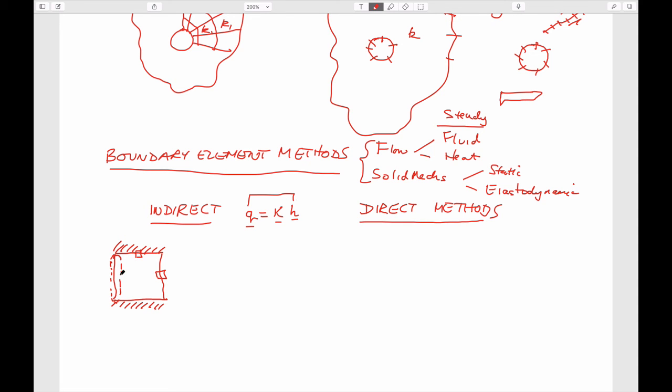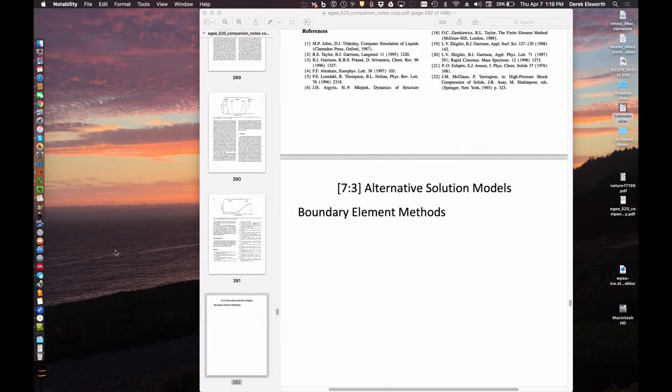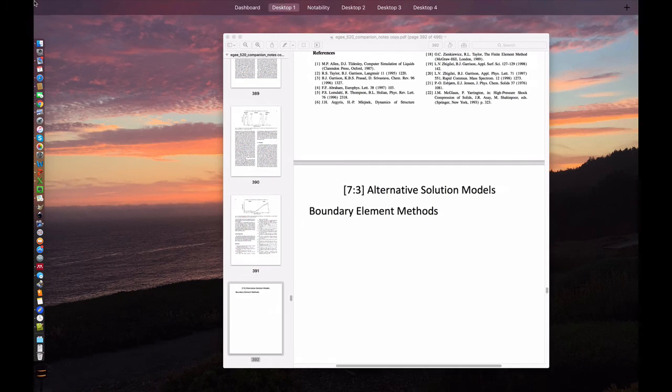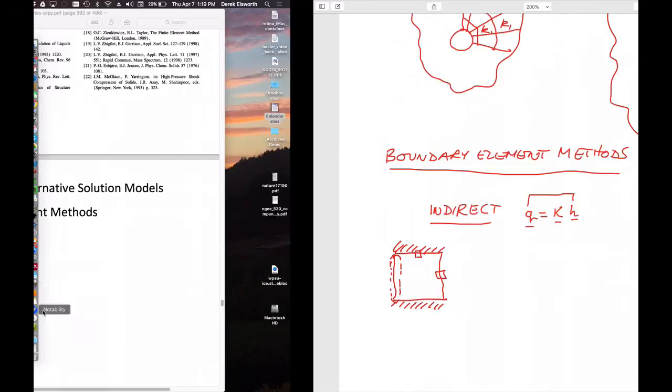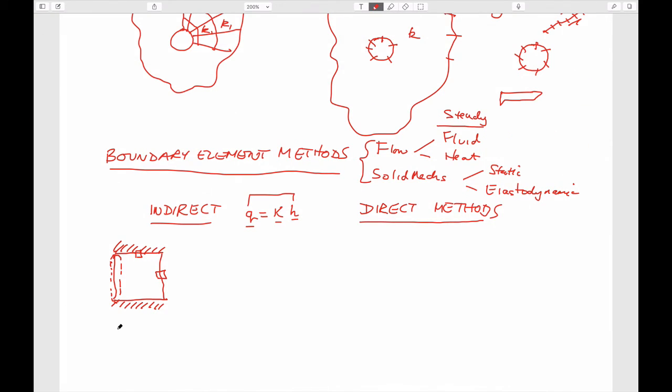What we could do is array a distribution of these sources on these four faces.